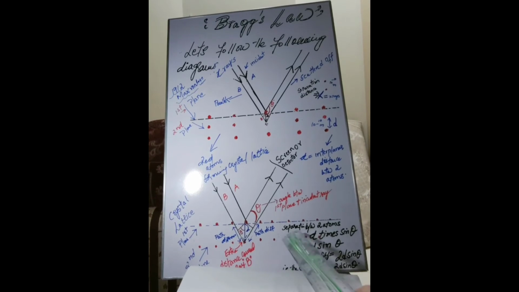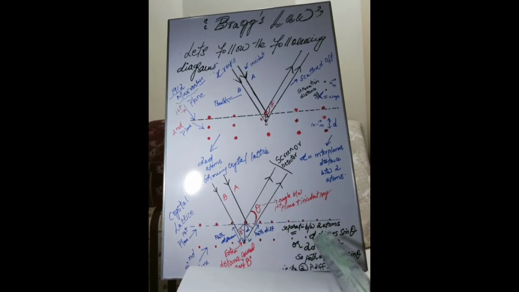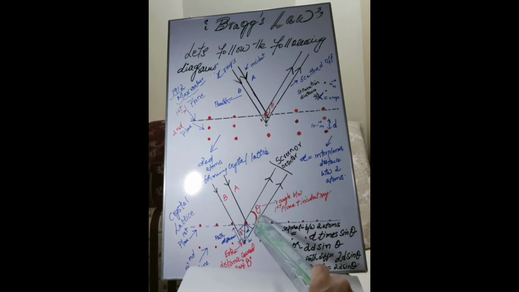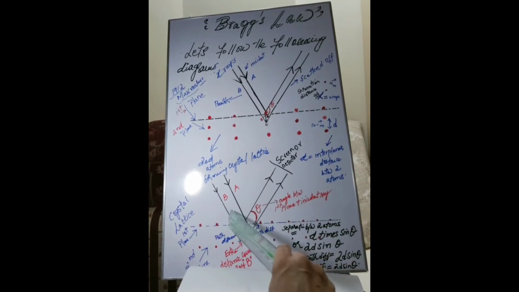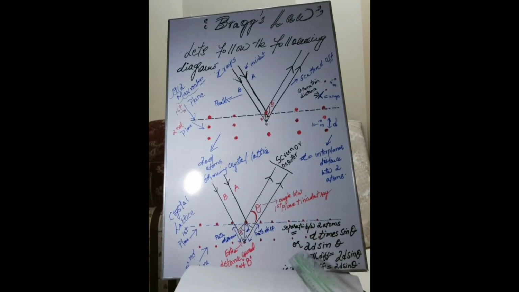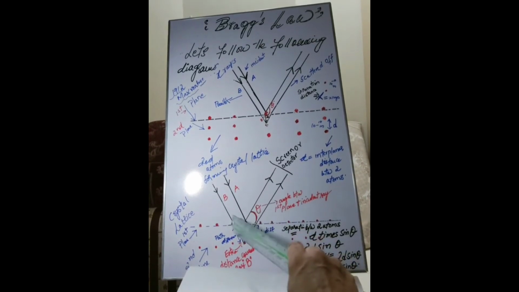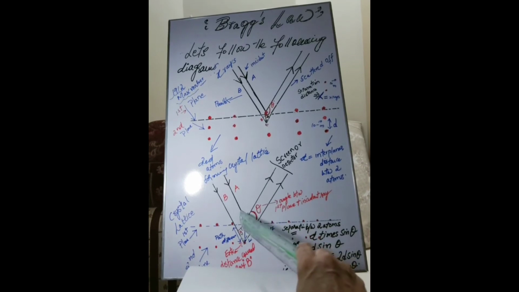Here again I have mentioned that this is the separation between the two atoms, d times sine theta, and when you calculate both the distances, the two path differences equal 2d sine theta. Here you can see the two triangles, and you can see the angle theta between them, one theta and another theta. This is the perpendicular.